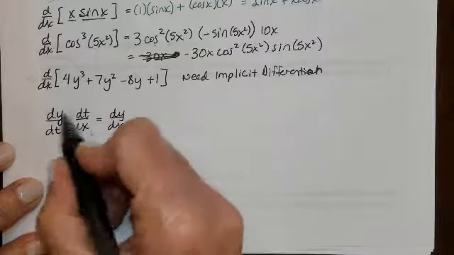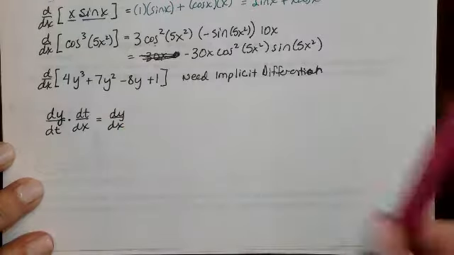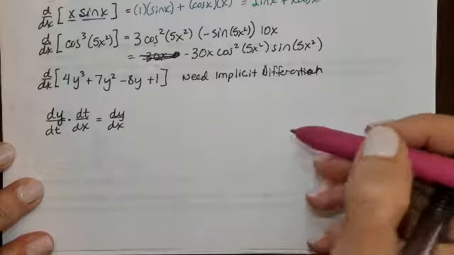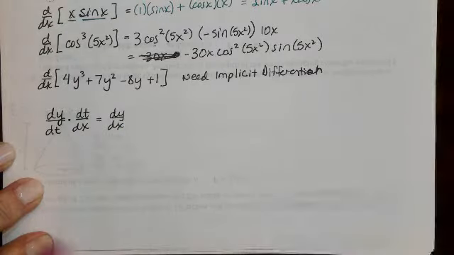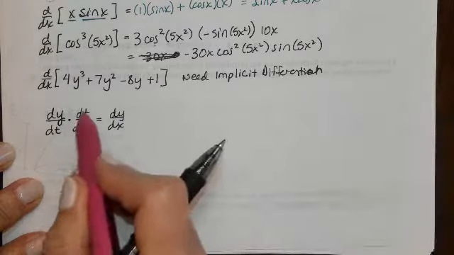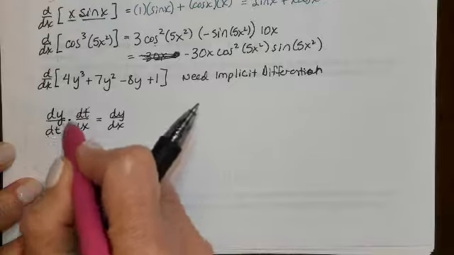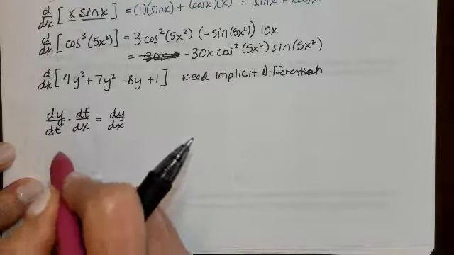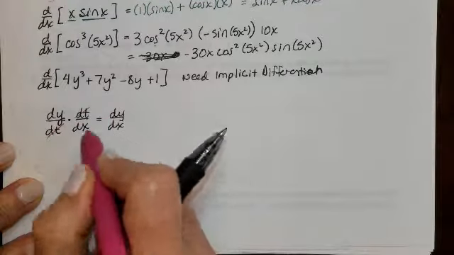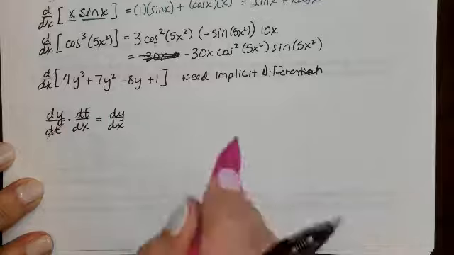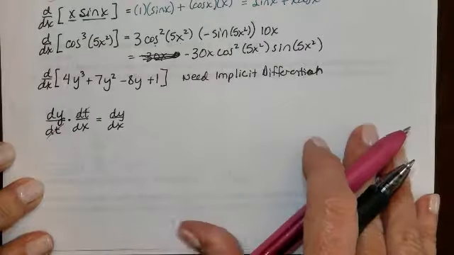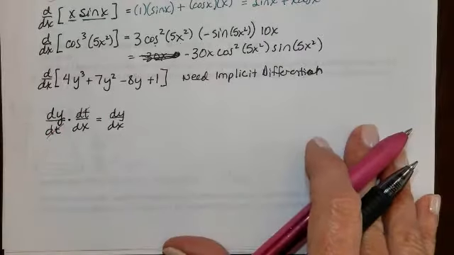This notation conveniently lends itself to how we think of things reducing out. See how the dt's kind of reduce out? And then we would be left with dy dx. That's exactly one of the things that makes the notation very convenient.